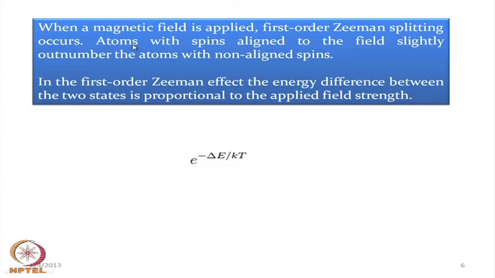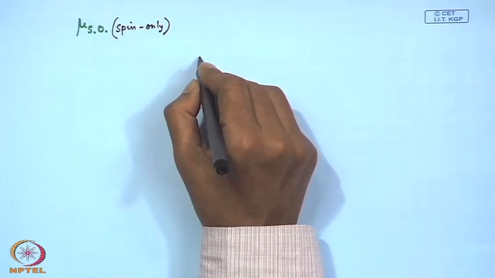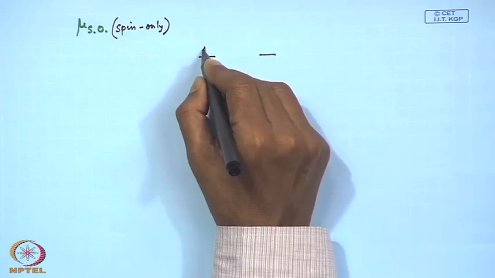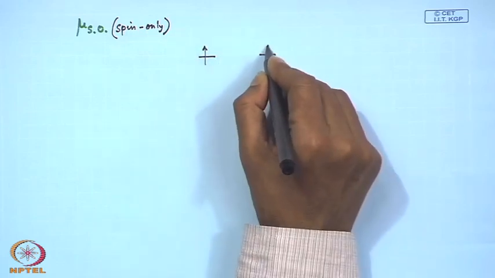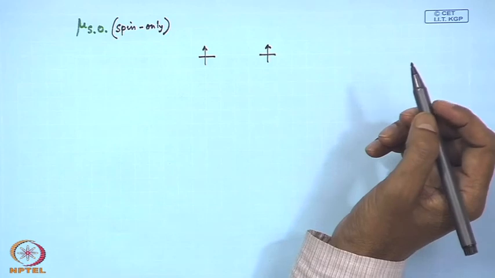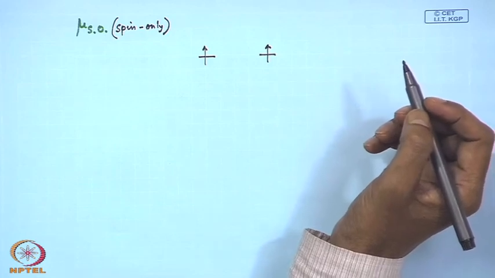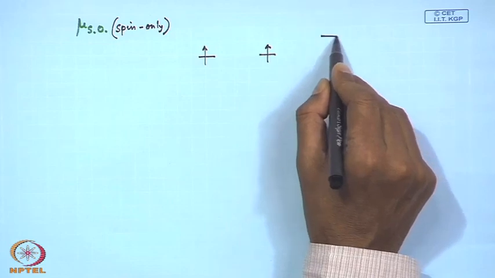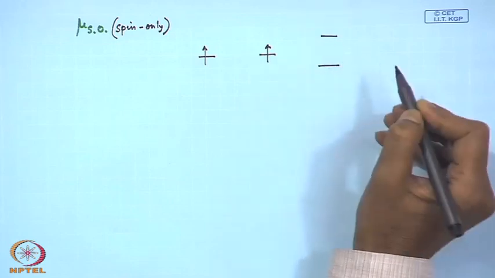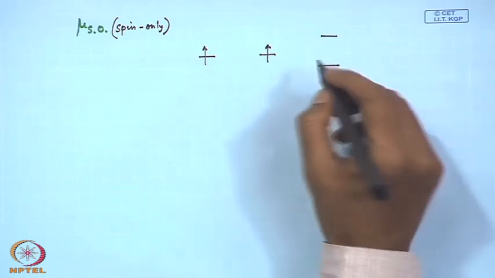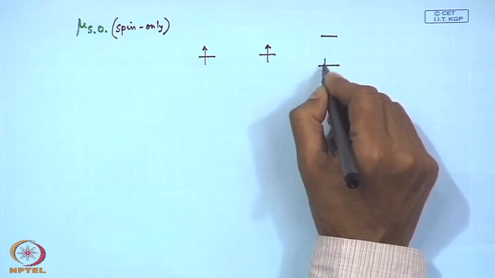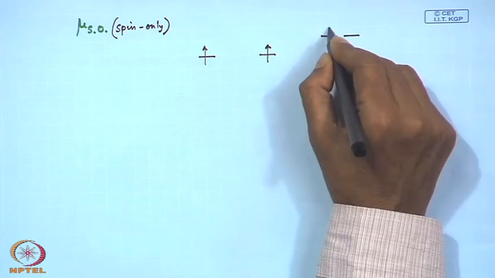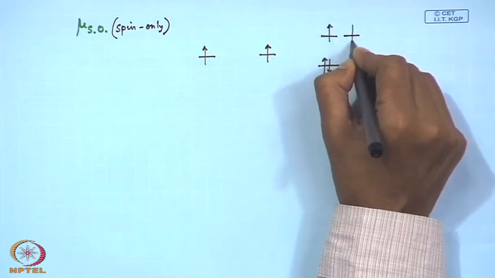If we have two electrons in a particular system, one electron in one orbital and the second electron in another orbital, we can have two possible magnetic levels where the two electrons are either paired or unpaired.